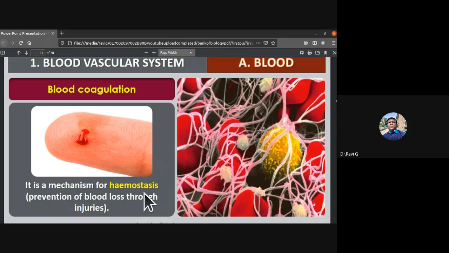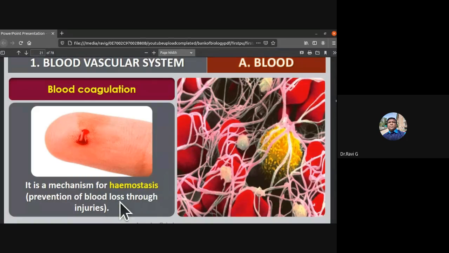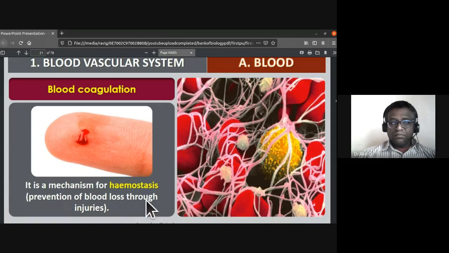It is a mechanism for hemostasis. Hemostasis is prevention of blood loss through injuries.